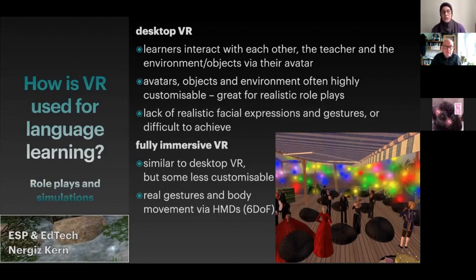In fully immersive VR, usually they are less customizable, but it depends on the app. But as an advantage, you have your real gestures, body movements, and so on via the headset and controllers, which we said is the 6 degrees of freedom that allow for this.